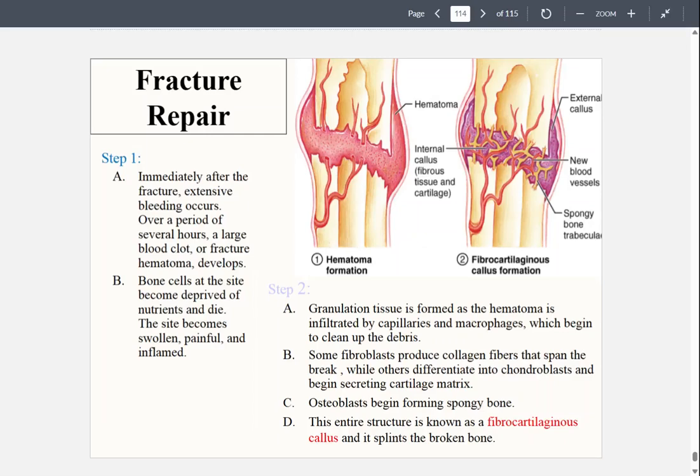And at this point, this is known as a fibrocartilaginous callus, and it's going to splint and stabilize the broken bone. If I were to take another x-ray at this point, it would look like a bump. So instead of a nice smooth bone traveling down it, it will have a massive bump in the middle.